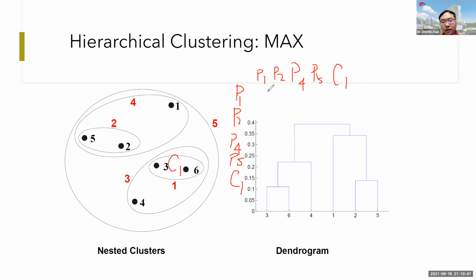The problem comes from how to calculate the distance between P1 and C1, P2 and C1, P4 and C1, and P5 and C1. Those distances need to be updated. Proximity basically means distance.